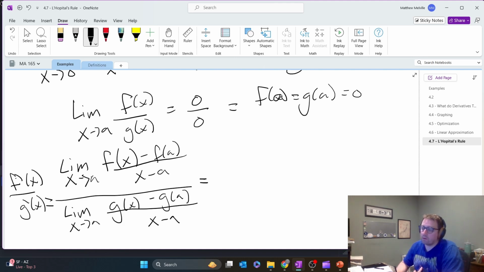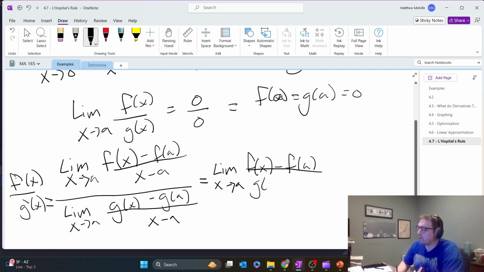So if I invert and multiply, we still have the limit as x approaches a of f of x minus f of a all over g of x minus g of a.